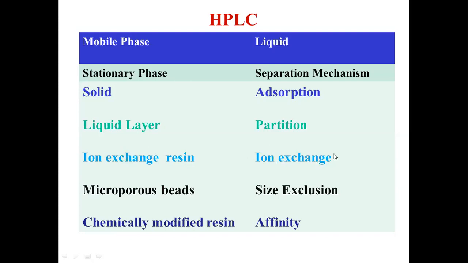If the anion present in the solute is going to exchange the anion of the resin, that is called anion exchange equilibrium. And the respective chromatographic technique is called cation exchange chromatography or anion exchange chromatography. So the separation mechanism here is ion exchange mechanism, ion exchange equilibrium.